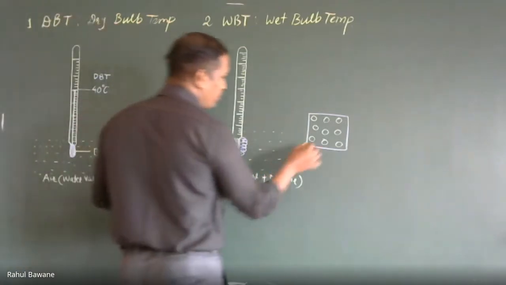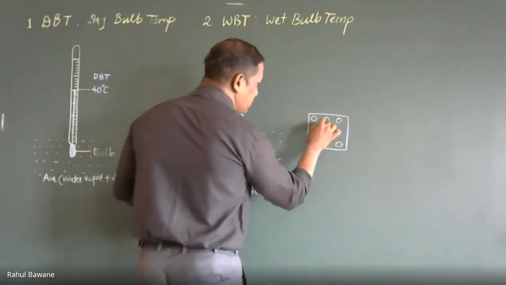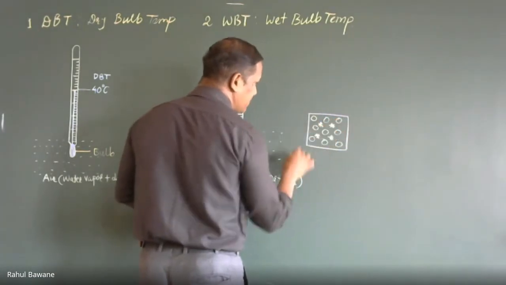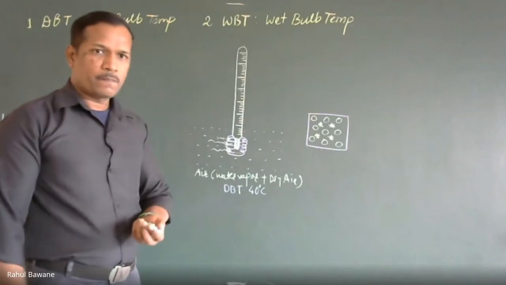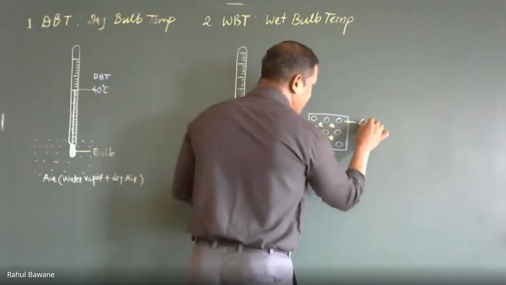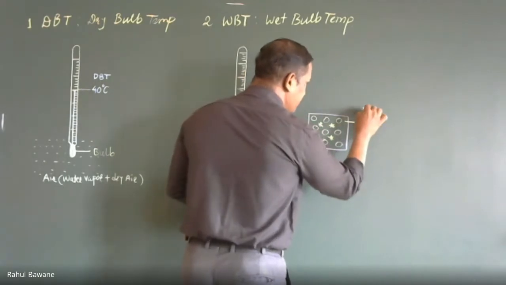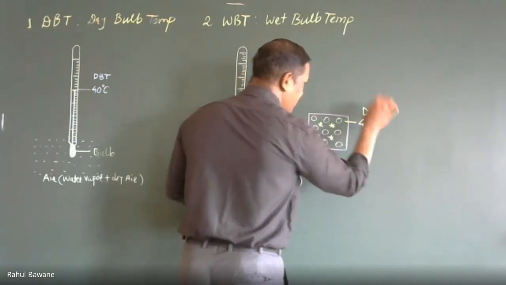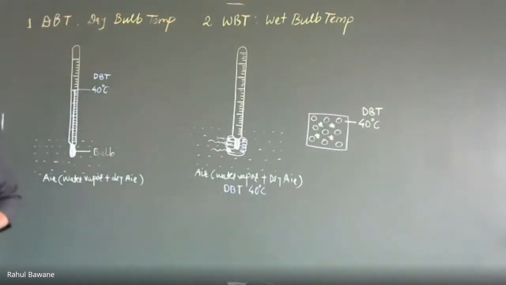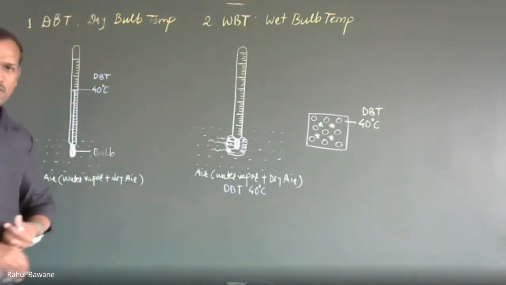So this is air molecules, and suppose this is water molecules suspended. So we can say water vapors. This is having 40 degrees centigrade when we measure it with dry bulb temperature. 40 degrees when we measure it with our regular thermometer without covering this mercury bulb.